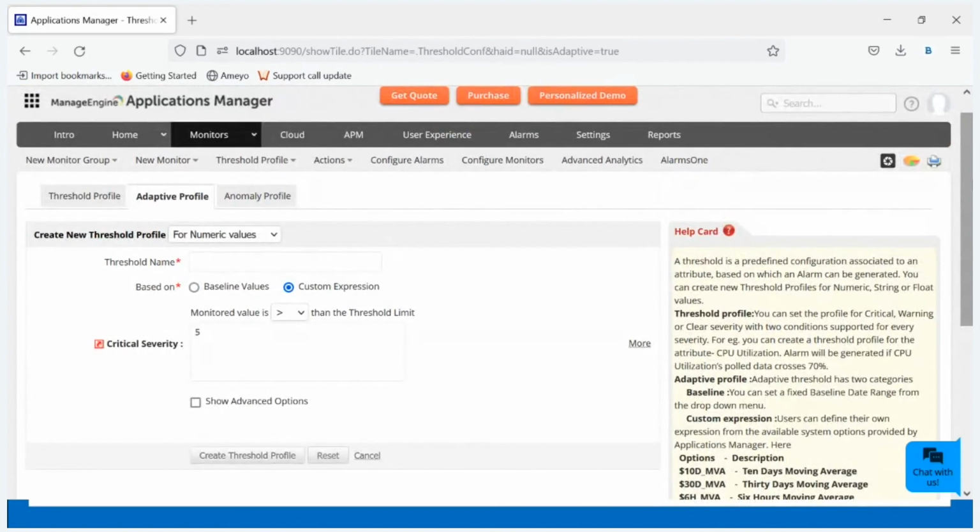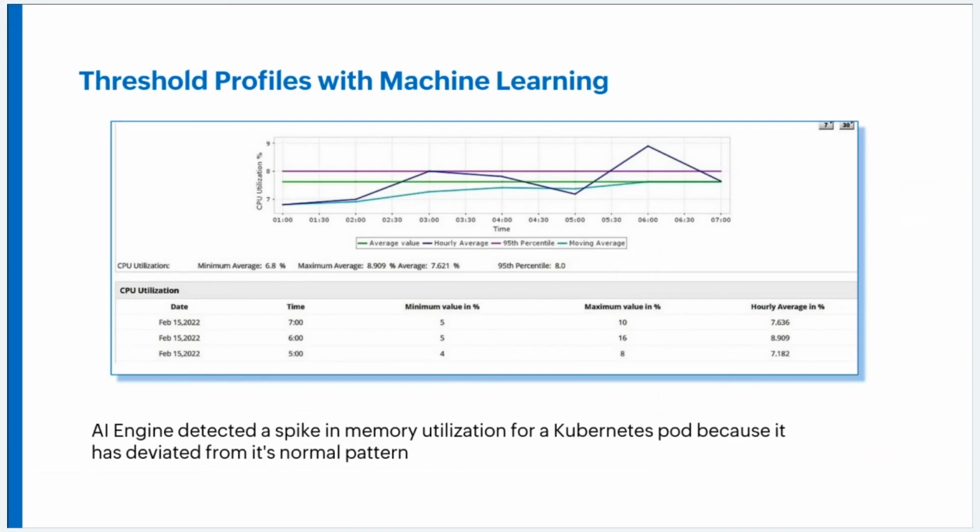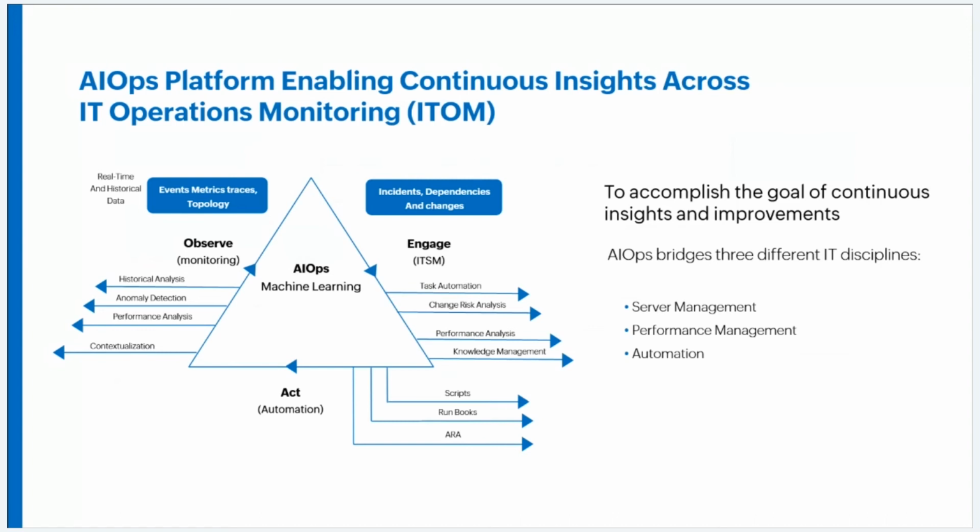So now let's switch back to the presentation. The threshold profiles with machine learning is what I have explained, and I'll show you a way on how this could be defined for a specific node. And as I mentioned, Application Manager acts as a complete, unified platform to perform all this monitoring, to process the data, and then engage this data with any other tools with the help of webhooks, REST APIs, Slack, and perform an analysis.